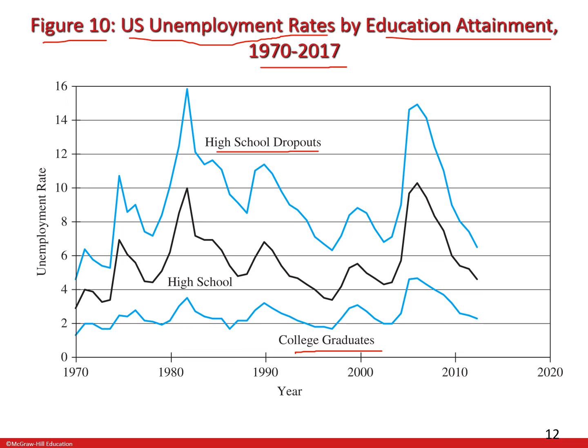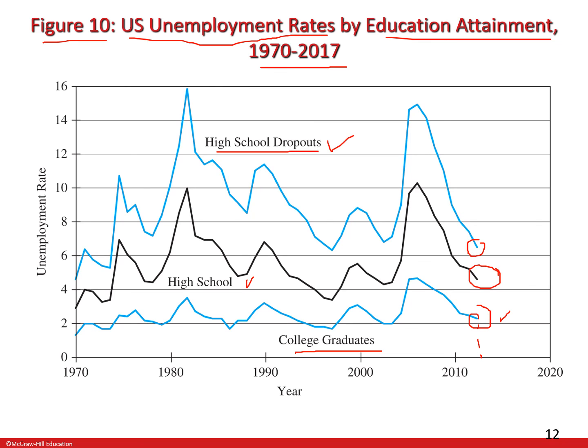In 2017, the unemployment rate for college graduates was only 2.3%, as compared to 4.6% for high school graduates and 6.5% for high school dropouts.